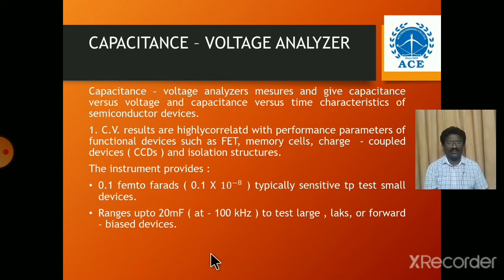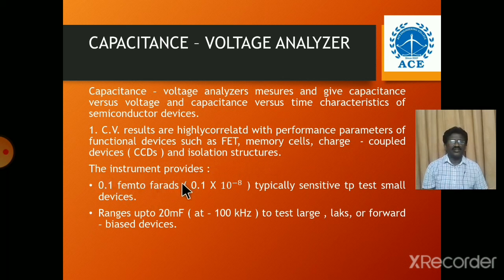Capacitance voltage results are highly correlated with performance parameters of functional devices such as FETs, memory cells, charge coupled devices, and isolation structures.